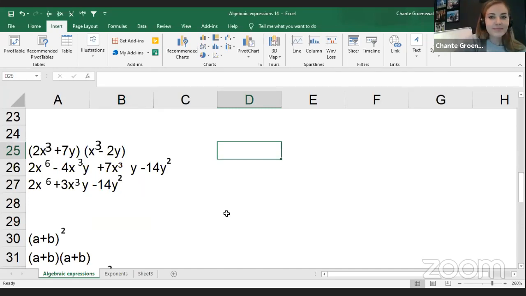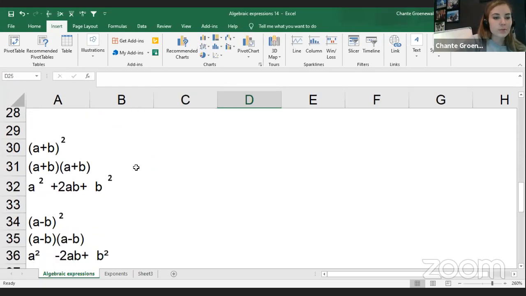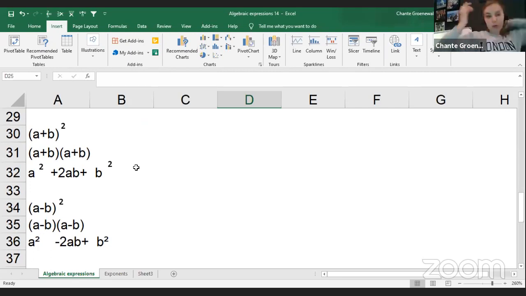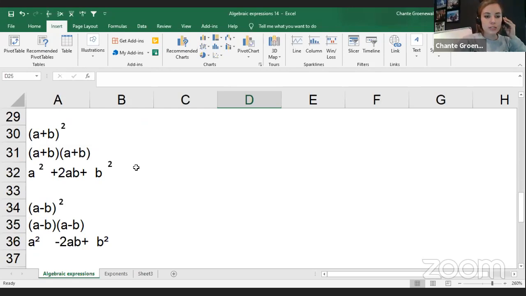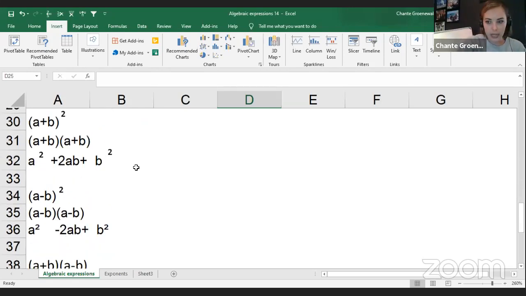So let's go on to the next. Okay, so you guys understand this one. For this example, if I go below, I have 3 different expressions that are almost the same, but not.